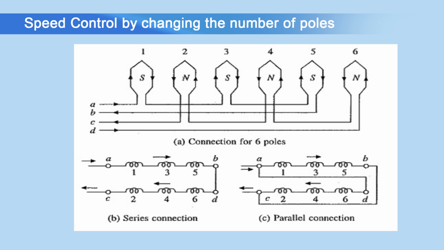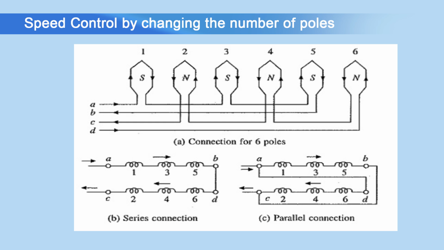So, here the direction is upward, then it is coming downward, then same is connected to coil number 4 and 2. So, set of 2, 4 and 6, it is creating north pole. And finally, in the screen you may see that we are having 6 poles. So, this is the connection diagram for 6 poles.